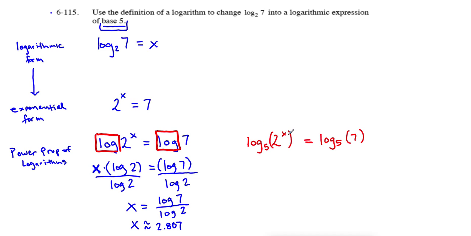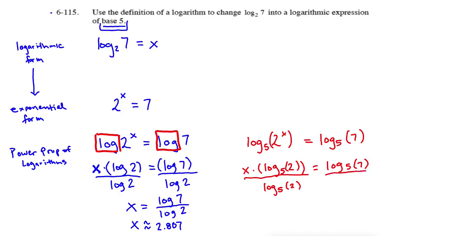Okay, let's apply the power property of logs. We've got our exponent up here, and that's our variable, so let's move it out in front, and we're going to have x times the log base 5 of 2. I guess I don't really need those parentheses. I did them anyway. And then that should still equal log base 5 of 7. So when we take it here now, we would still divide by the log base 5 of 2.